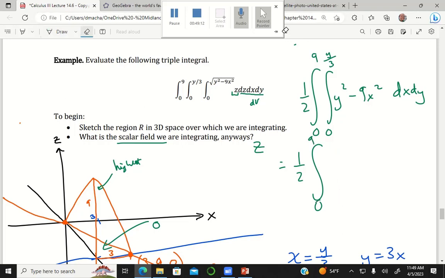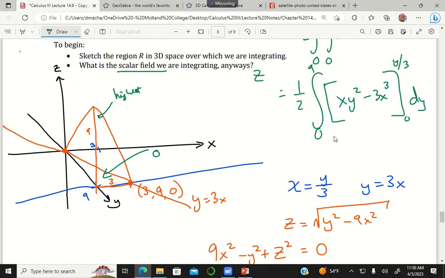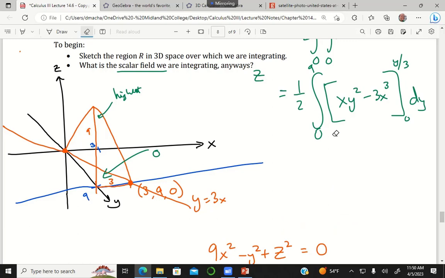And then if I take the antiderivative of that stuff with respect to x, it's going to give me xy squared minus 3x cubed. Now I would evaluate that at y over 3 and 0. And whenever I plug in x equals y over 3, I don't have to worry about the 0 case, because if x equals 0, then the whole thing is 0.